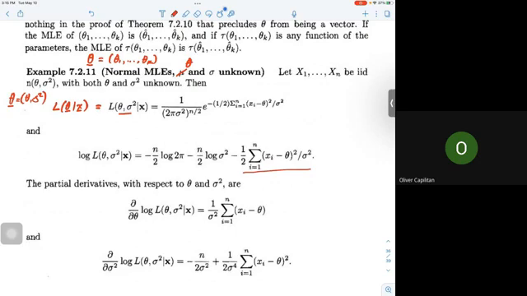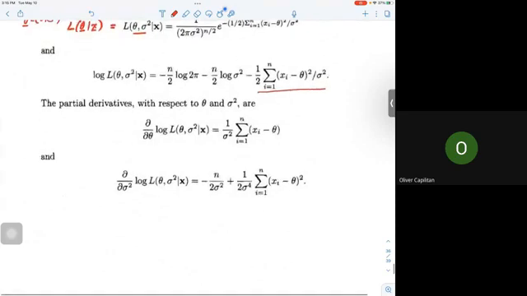Taking the partial derivative of this log likelihood function with respect to theta and sigma square. Okay, so we have this, and after that, we're going to equate this to 0.